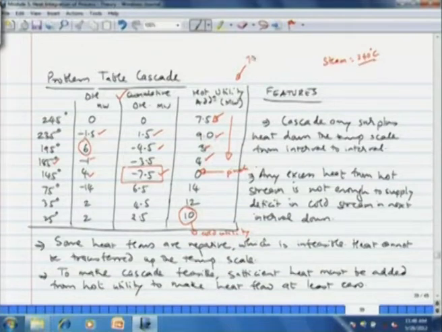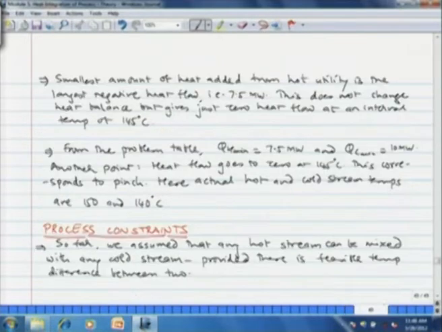We have to add 7.5 megawatt of QH minimum, and we are finally left with 10 megawatt to be rejected to cold utility, that is QC minimum. The smallest amount of heat added from hot utility is the largest negative heat flow, that is 7.5 megawatt.